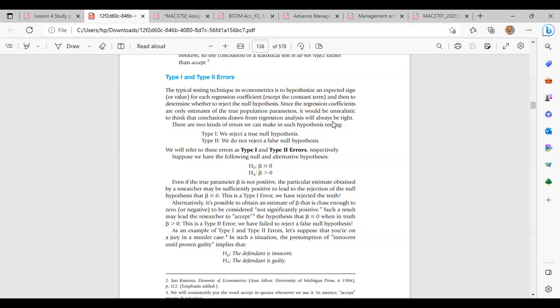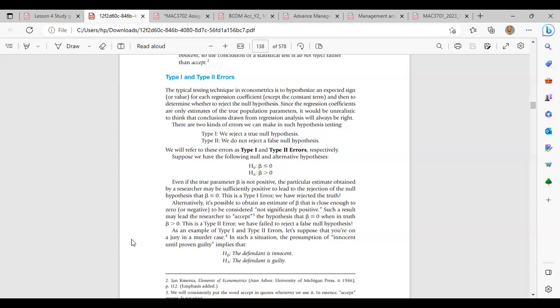So that evidence basically represents the sample. According to the sample, the jury comes up with a conclusion and they say maybe he's not guilty or he's guilty. But at the end of the day, you've read of cases where people have been falsely accused and imprisoned. So these issues are what we call type 1 and type 2 errors in terms of law.